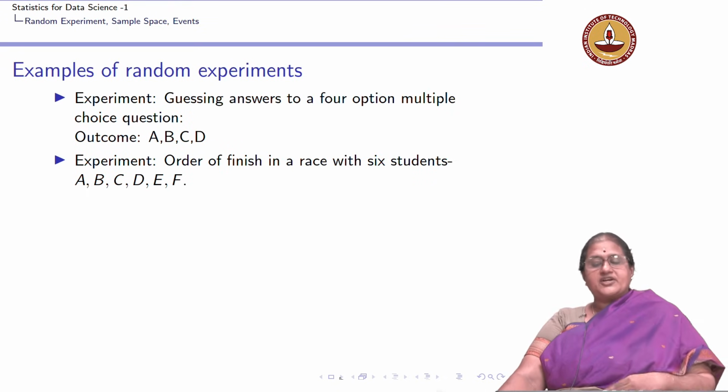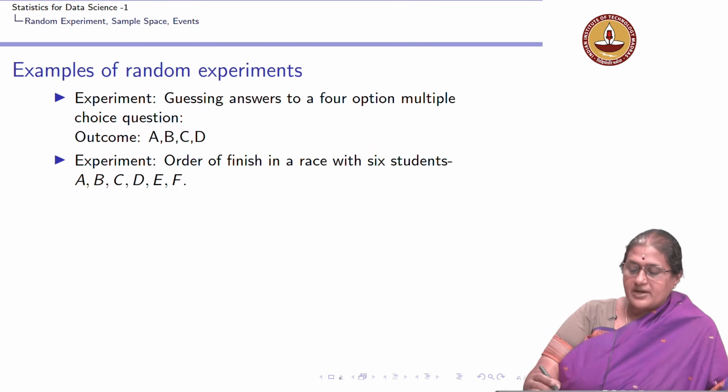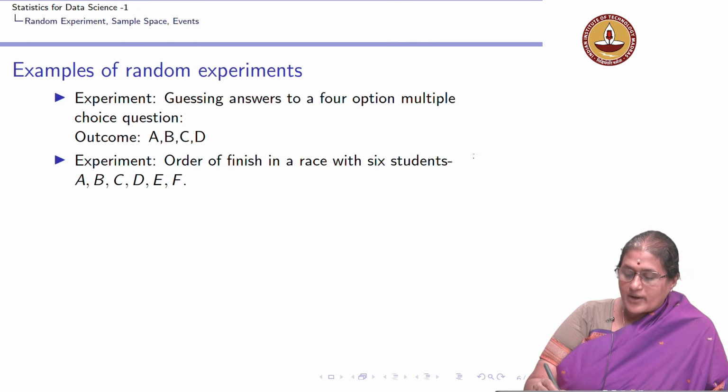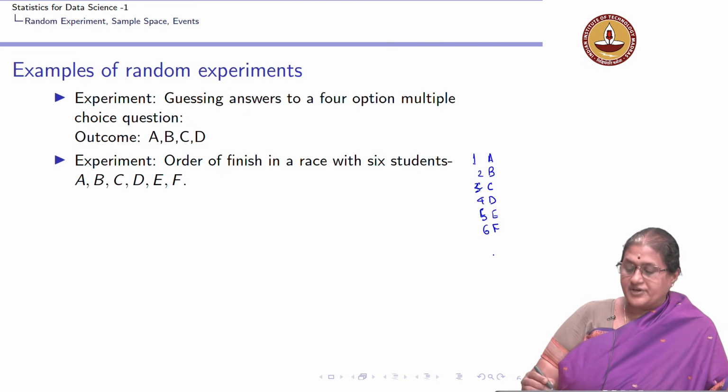Order of finish in a race with 6 students. I have A, B, C, D, E, F. By order of finish, I mean that, for example, in one order of finish, A comes first, B comes second, C comes third, D comes fourth, E comes fifth and F comes sixth. This is one order of finish.